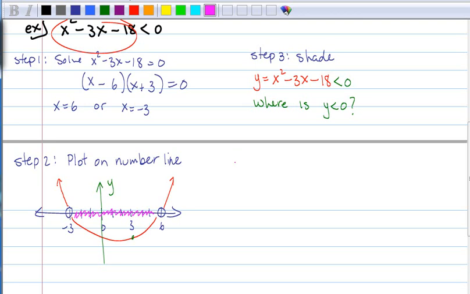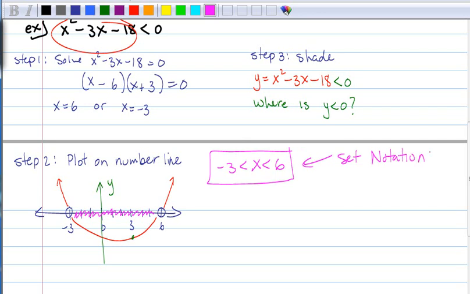So the answer to this then would be x is in between, do you remember we did a compound inequality before, negative 3 and 6. That would be the answer in set notation. If you're going to do this in interval notation, there's no infinities included. So all you got to do is start at negative 3, the comma means to, and you get to 6. But since these are not included, we don't do brackets, we just do parentheses.